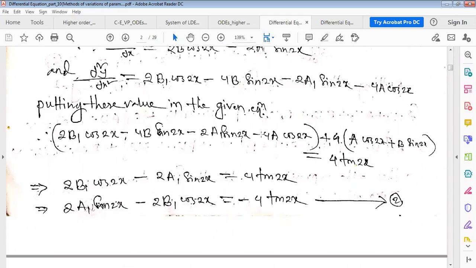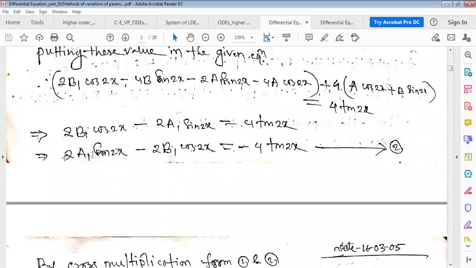So from this line we can write 2b1 cos 2x minus 2a1 sin 2x equals 4, and this will be cancelled. 4a cos 2x and 4a cos 2x will be cancelled, and 4b sin 2x and 4b sin 2x will be cancelled. So we get only this one: 2a1 sin 2x minus 2b1 cos 2x equals minus 4 tan 2x. This is equation number 2.